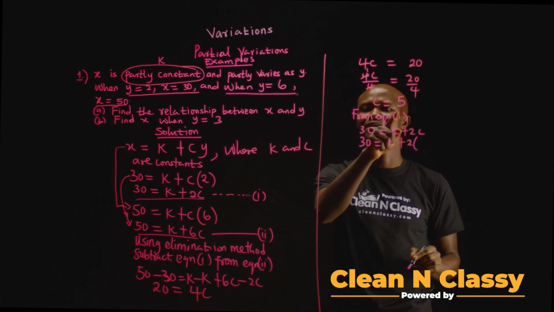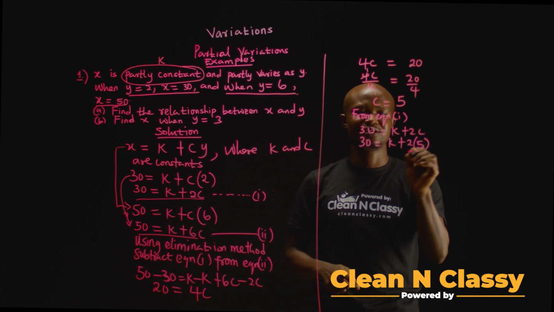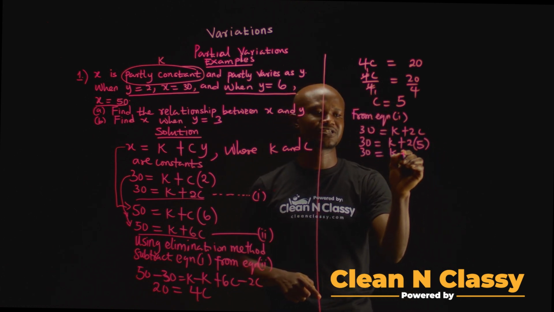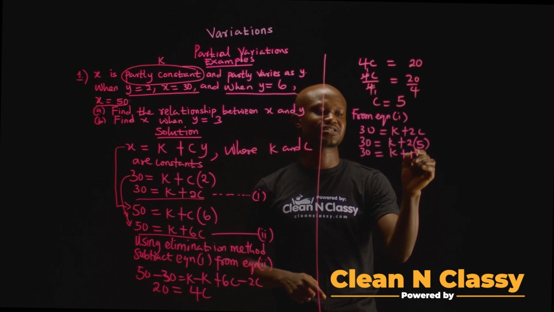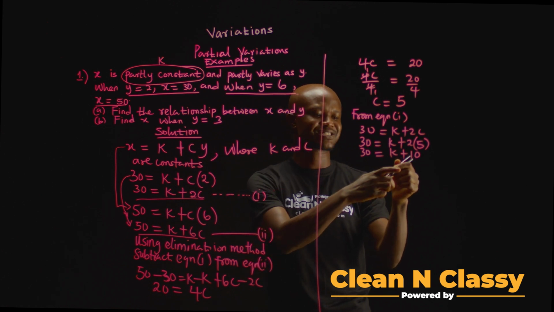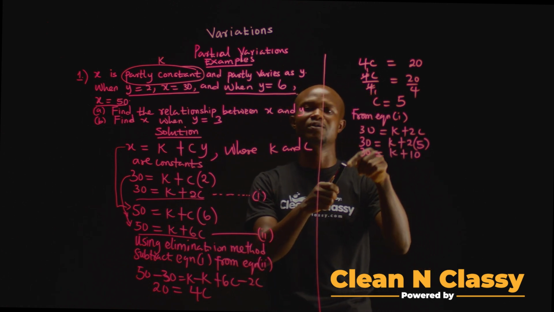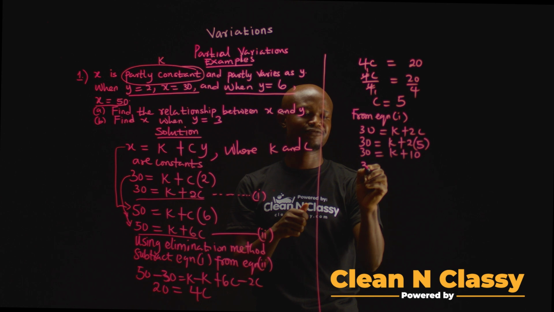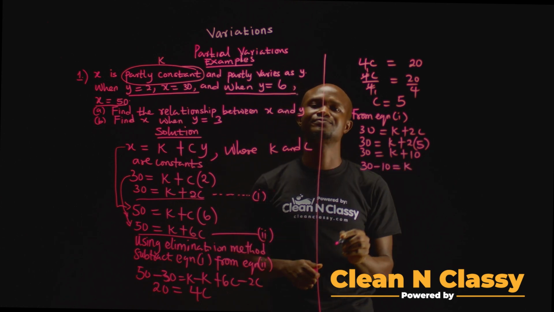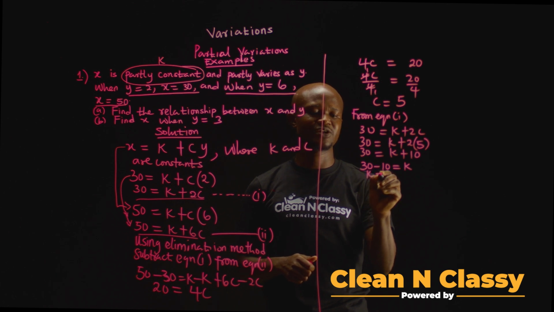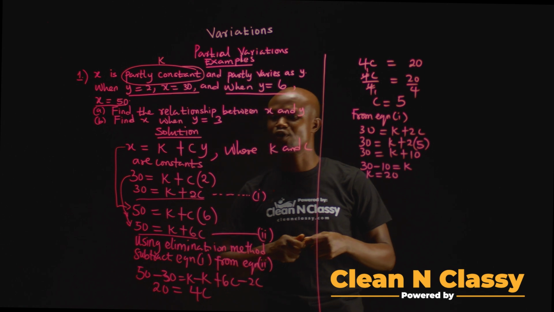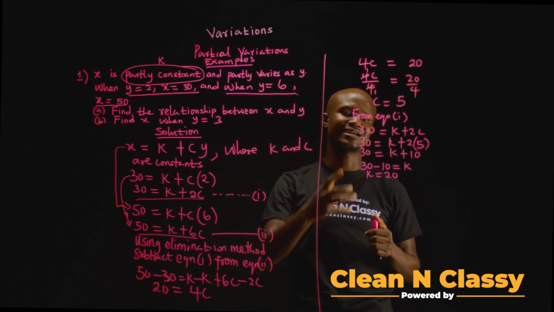What is c now? c is 5. So 30 equals k plus 2 times 5, that is 10. Collecting like terms, the plus 10 moves to the other side and becomes minus. So 30 minus 10 equals k. So k equals 20. Now we have the values for the two constants, k and c.